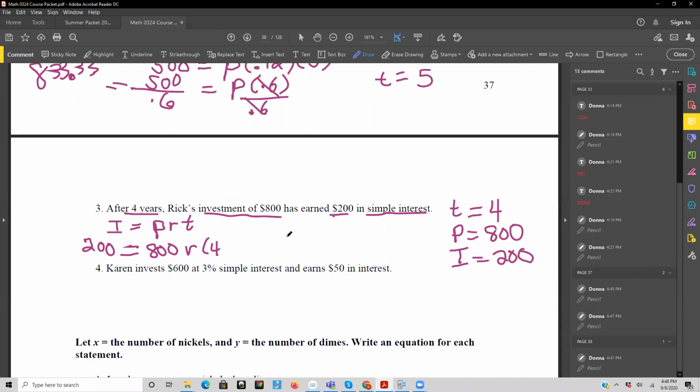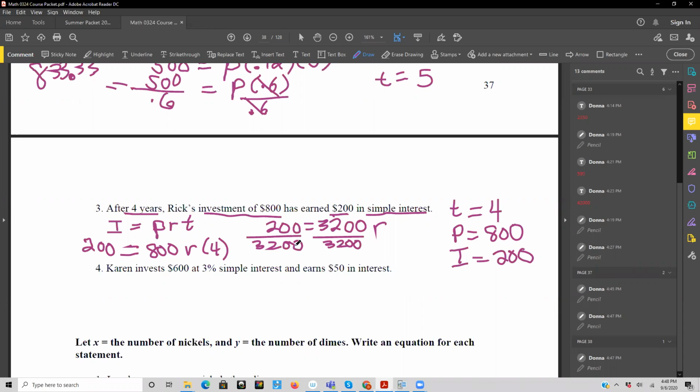So to solve for R, I think I'll just multiply 800 times 4, which is 3,200. You can check it on a calculator. Then divide by 3,200, so I'm going to plug that in a calculator. 200 divided by 3,200.